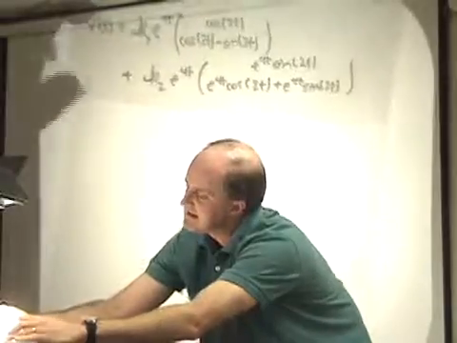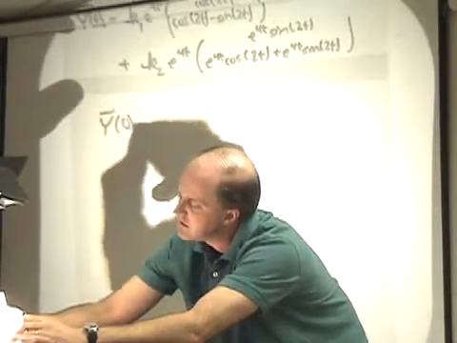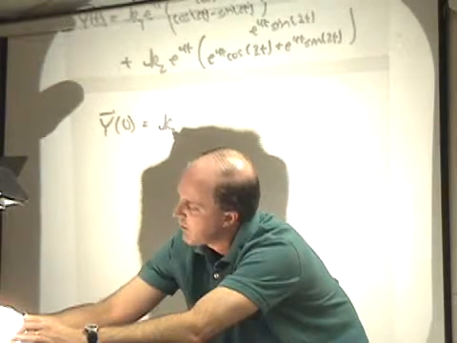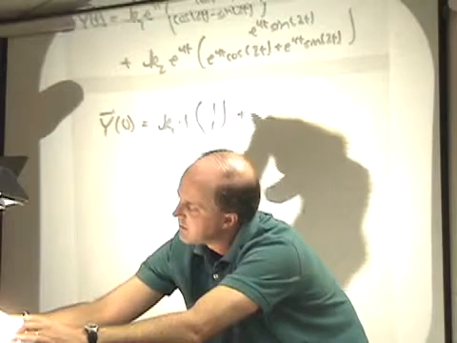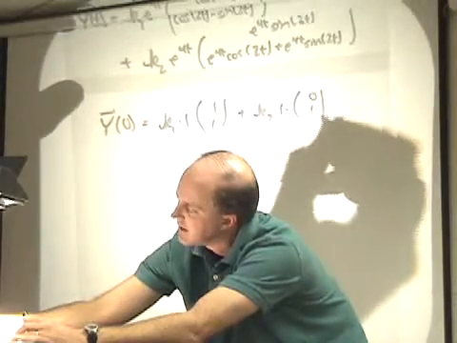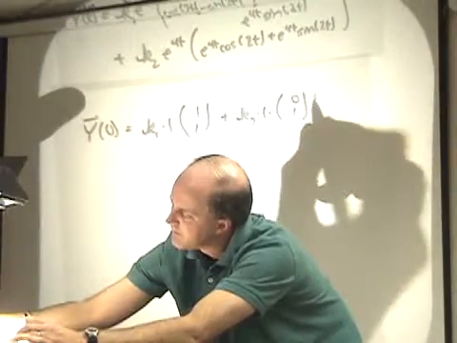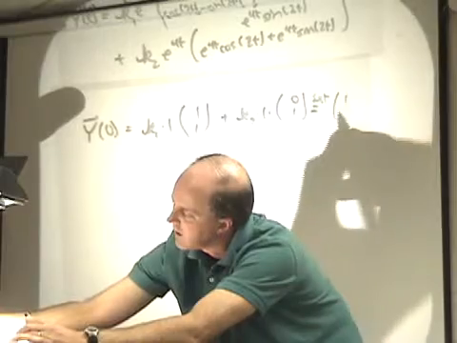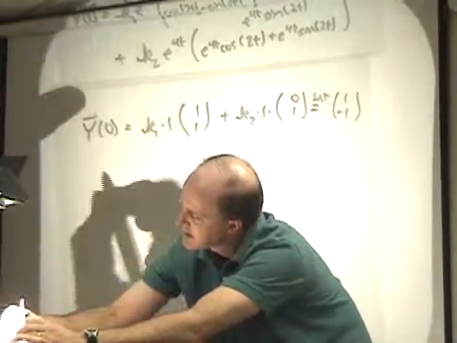When you plug in t equals 0, you see that y of 0 is k1 times 1 times the vector 1, 1 plus k2 times 1 times the vector 0, 1. You're going to set that equal to the initial condition, 1, negative 1, and solve for k1 and k2.